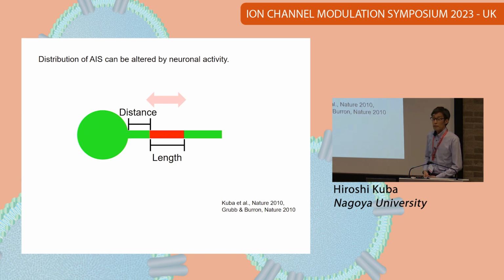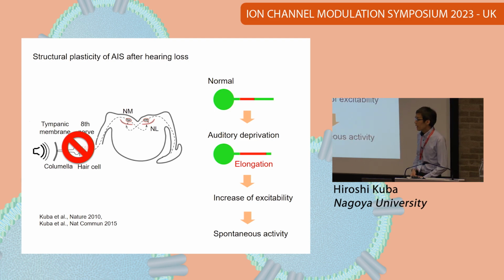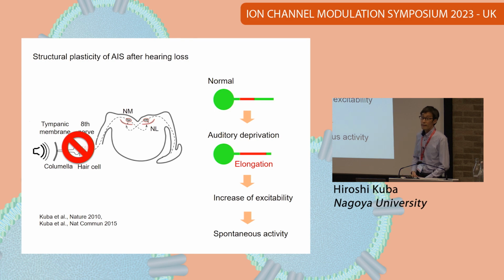Importantly, these structural characteristics of the AIS are not fixed, but can be altered dynamically by neuronal activity, implying that the AIS is a site of plasticity. This is an example of AIS plasticity in NM. Here we deprived afferent auditory input by removing the cochlea mechanically, and this elongated the AIS, increased membrane excitability, and caused spontaneous firing in NM neurons.